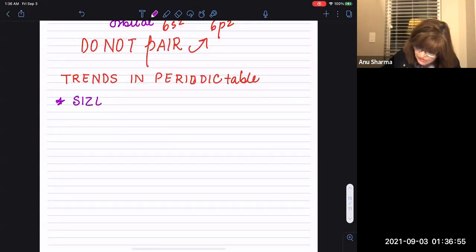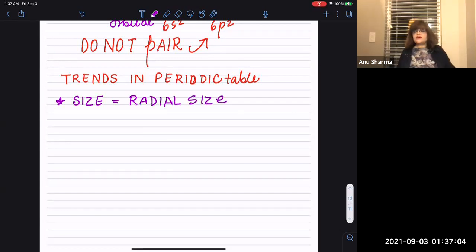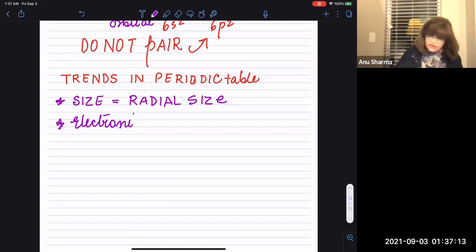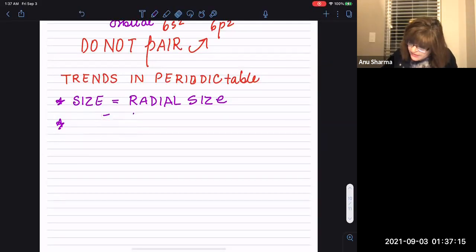And when we talk about size, we are actually looking at the radius. Next, we are looking at the ionization energy.